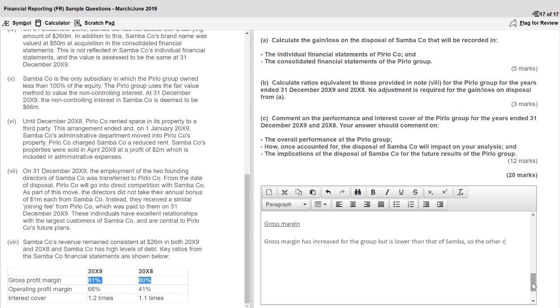So the other companies within the group must be selling at a lower margin. Okay, we don't know why the margins have gone up.